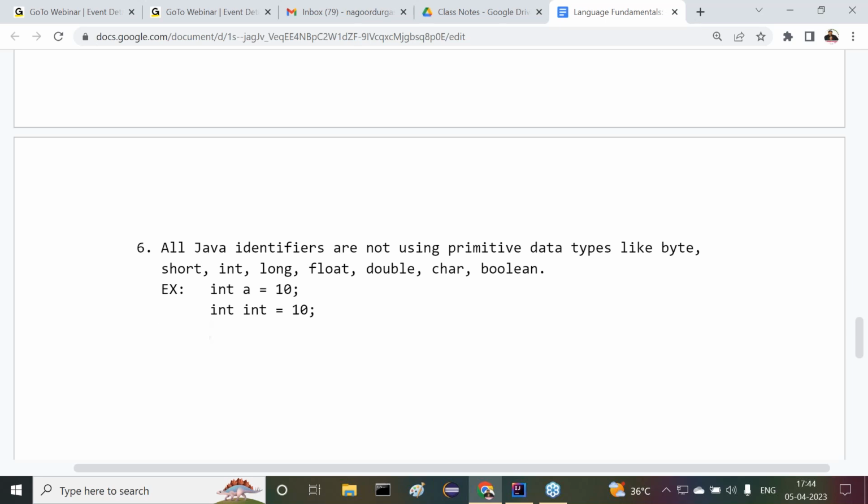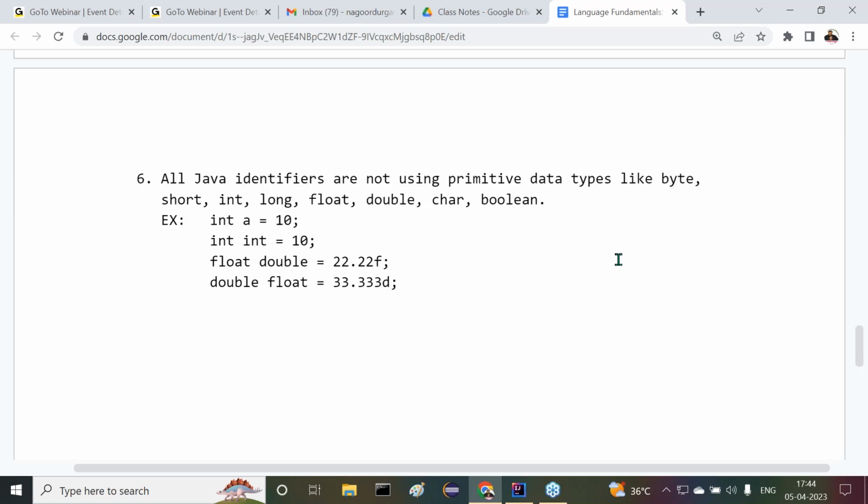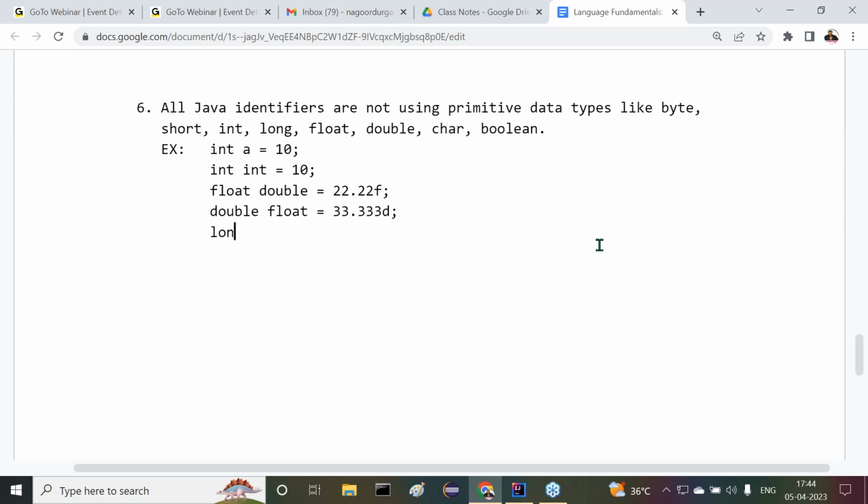After completion of this, another one: float double = 22.22f. Then double float = 33.333d. Then long byte = 50.